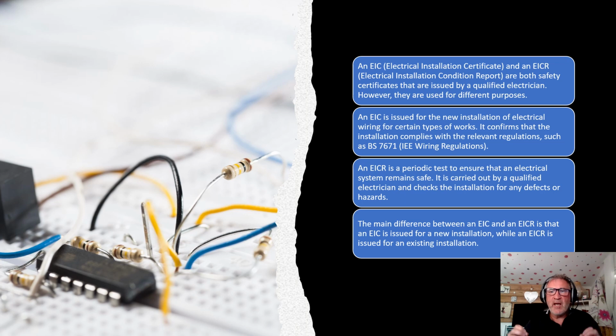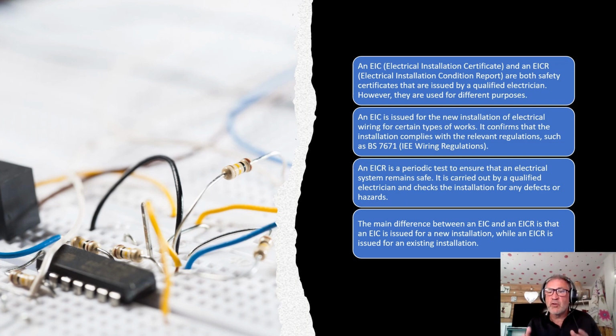An EIC and an EICR are both safety certificates, but they're used for different purposes. An EIC is for a new installation, and bearing in mind, you as the apprentice, this should be about your ability to install and connect new circuits, and then test and commission the new circuits.